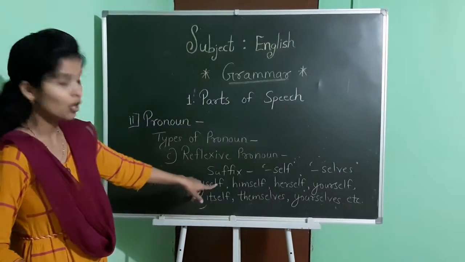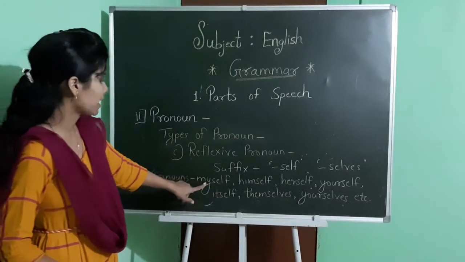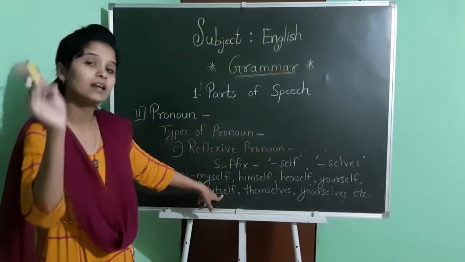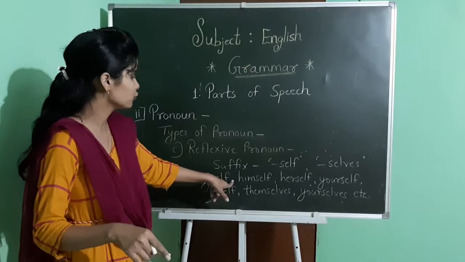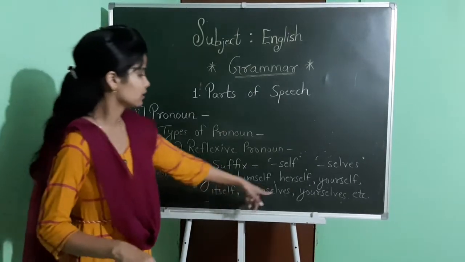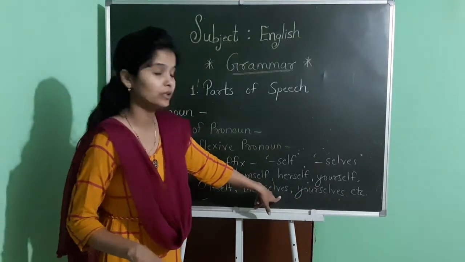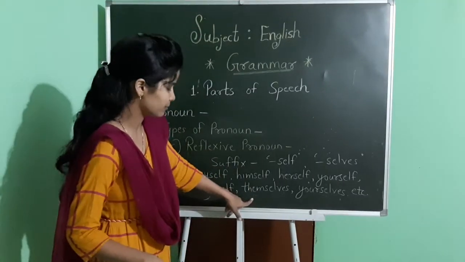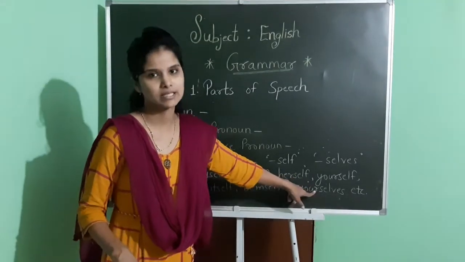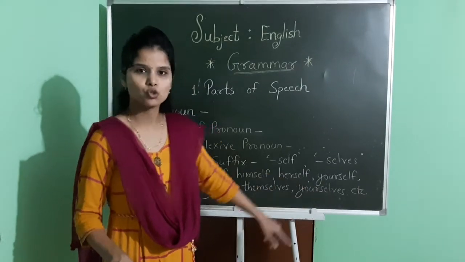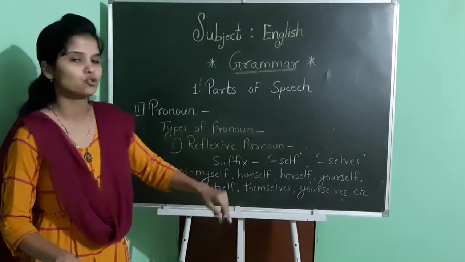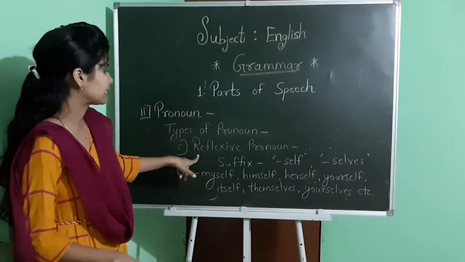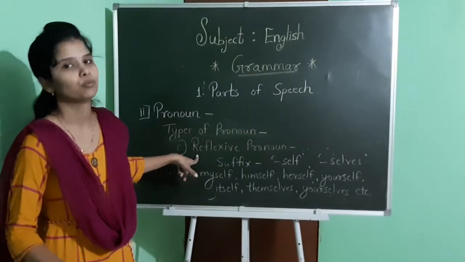Observe these pronouns: myself, himself, herself, yourself and itself. All these are singular, and that's why we have used self. But these two pronouns, themselves and yourselves, are plural. That's why we have used the suffix selves. So if you see such kinds of pronouns, you will identify them as reflexive pronouns.